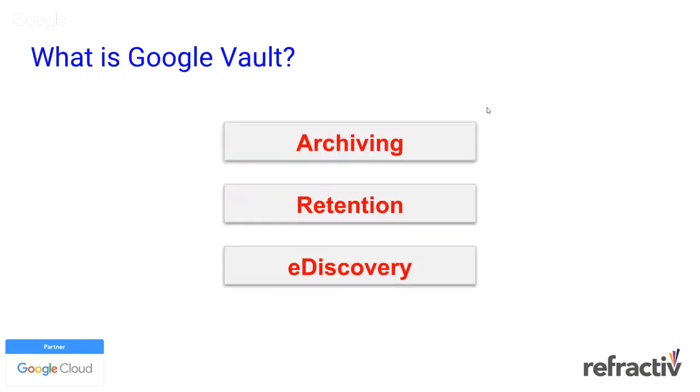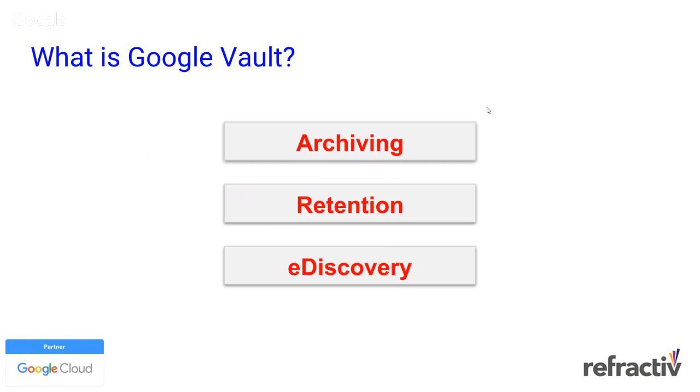Okay, so the basic question is, what is Google Vault? Essentially, there are three main elements to Google Vault, and each of these elements is connected with the preservation of your valuable corporate G Suite data. The archive function automatically captures email messages, Drive documents, on-the-record chats, etc., and securely manages them in place with no need to duplicate your data in multiple locations.